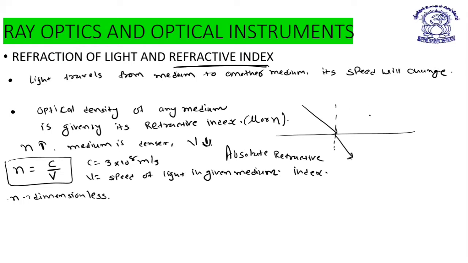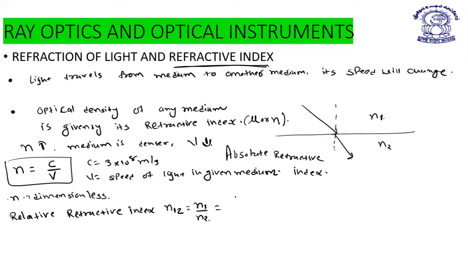Let's say we have two media, one with refractive index n1 and the other with refractive index n2. If we want to compare the optical density of these two media, we can find their relative refractive index. Relative refractive index of medium 1 with respect to medium 2 is denoted by n12 and it is the ratio of n1 and n2.